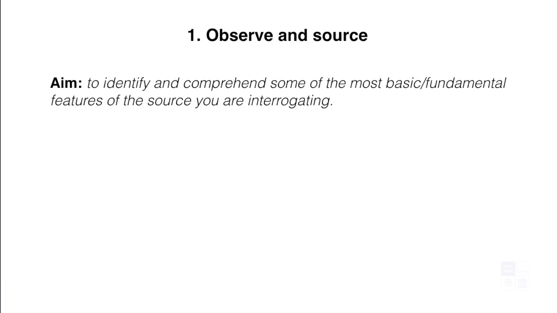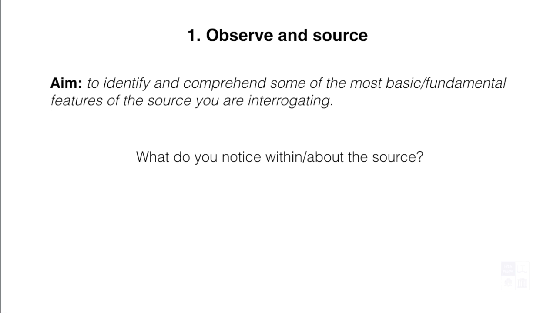Firstly, when you're observing and sourcing, what you're aiming to do here is to identify some of the most basic features of the source. So a couple of questions that you might pose at this stage: what do you notice within or about the source? So this might involve you looking at, say, a photograph, and considering what you can notice within the source. What is prominent in the photograph? What's in the background?